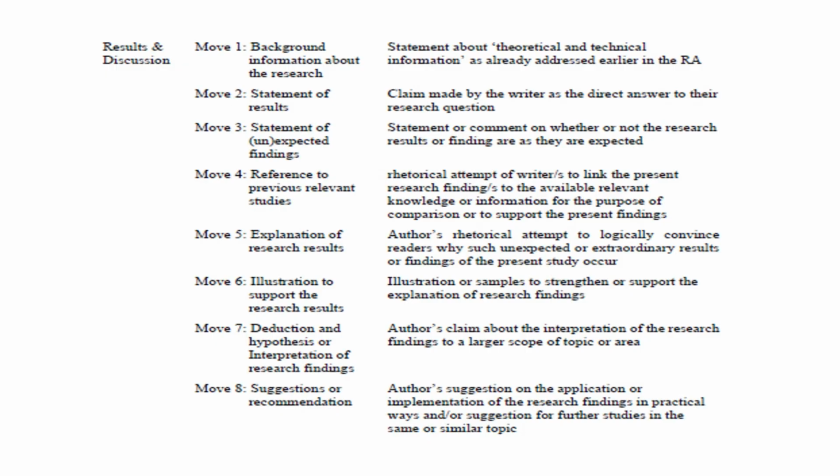Illustration is only necessary if it is complicated. If it is not complicated, we don't need to illustrate this, because we give the examples of the data in the result section of the articles. And moves 7 and 8 can be discussed under the conclusion section of the article.